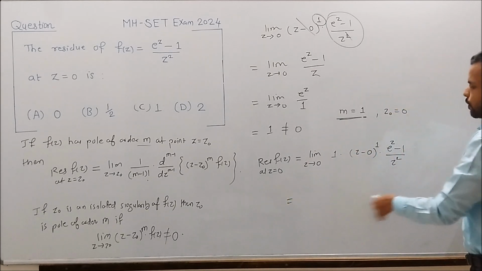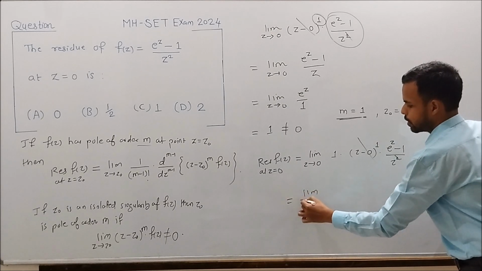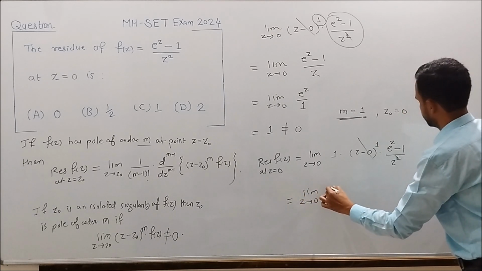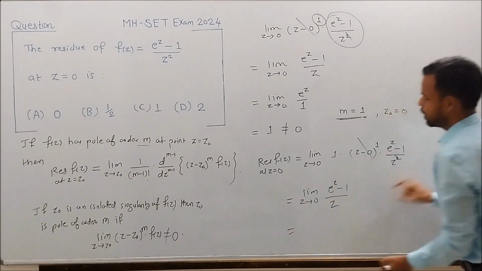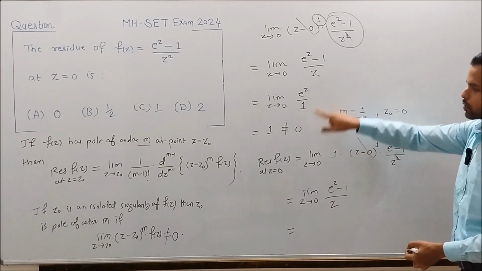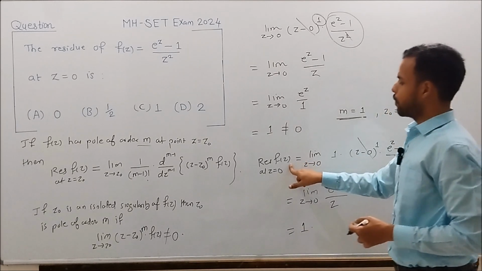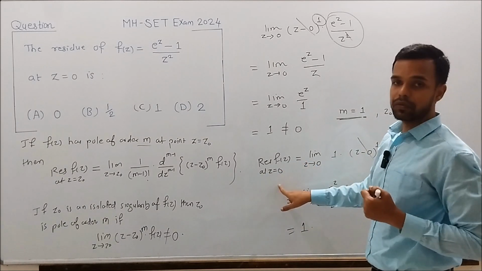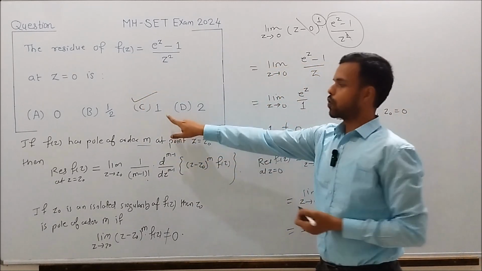We just need to evaluate this limit, which is the limit z tends to 0 of (e to the power z minus 1) upon z, the same as the earlier limit. So the answer is 1. The residue of f of z at point z equals 0 is 1. So the correct option is option C.